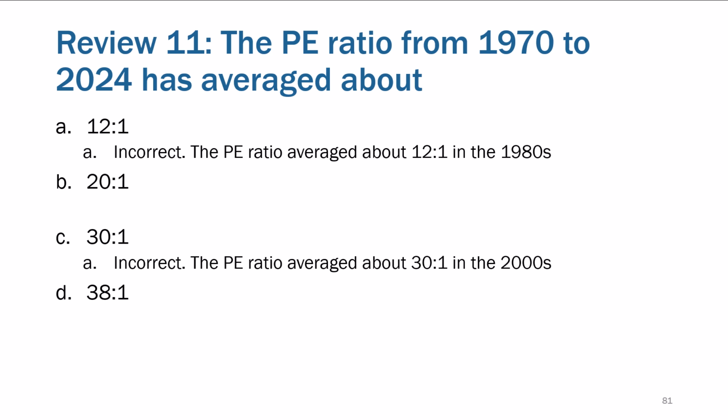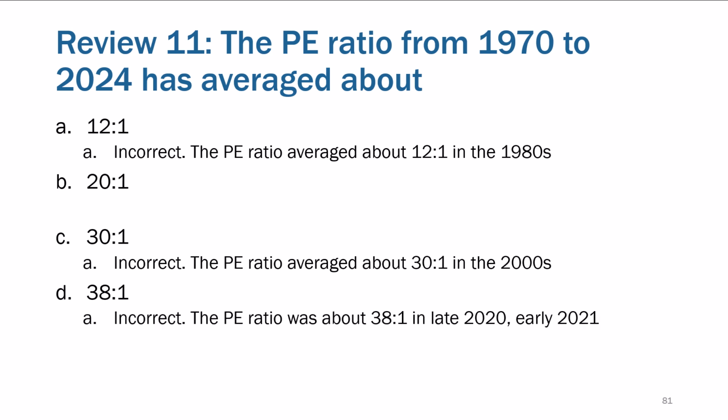It's not as high as 30 to 1. That kind of hit in the 2000s. It's not as high as 38 to 1. That was a peak in late 2020 and early 2021. We had a lot of companies with bad financial results, bad earnings per share due to COVID. The stock market crashed right away, but then it very quickly rebounded. So over the last 54 years, it has averaged right around 20 to 1.